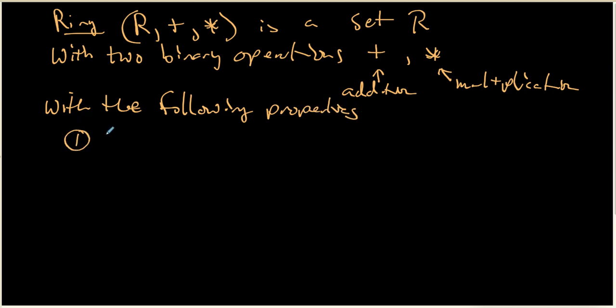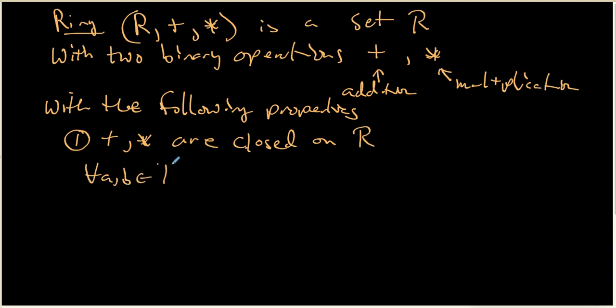First of all, both plus and times have to be closed on R. So in other words, for every pair of elements inside R, we have to have A plus B belongs to R, and we have to have A star B belongs to R.